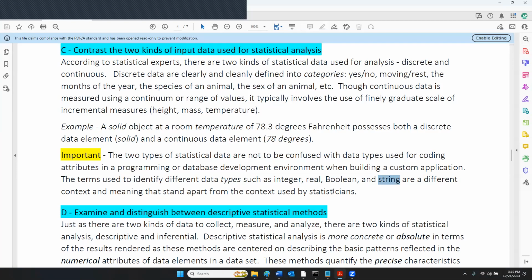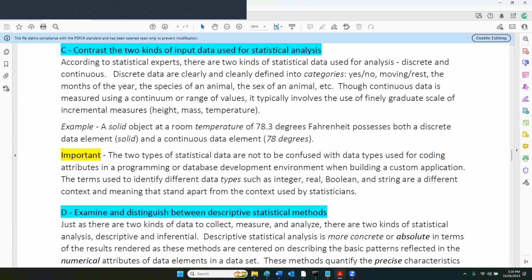In databases, you can have additional types of data, like currency data or date-time data, right? Those aren't the data types we're talking about. When we talk about statistical analysis, we're not talking about data types in programming.